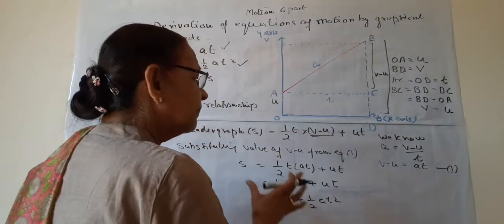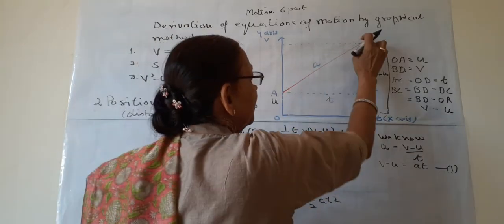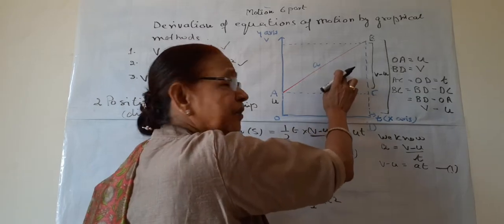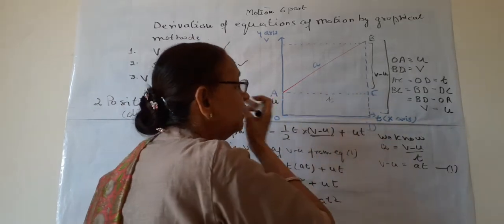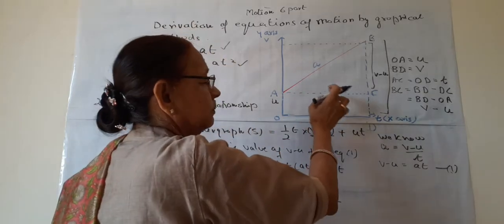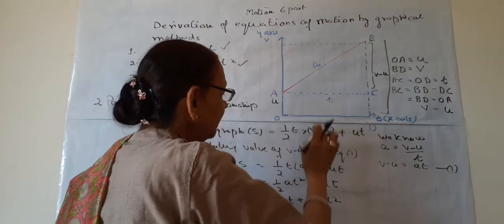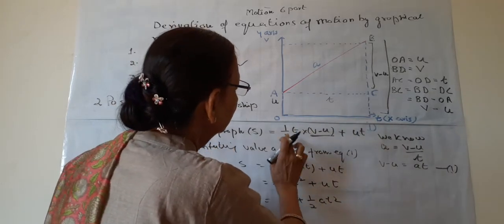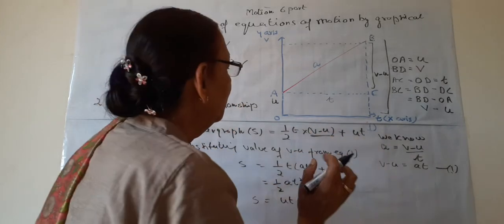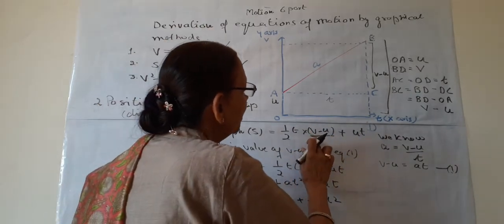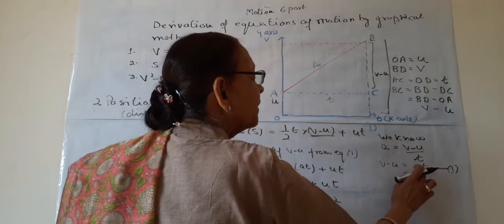Is it clear? Nothing is different from the first one. First we calculate the area of this triangle, then the area of this rectangle. Both we know from the formulas half base into height and length into breadth, and we get this equation, half T (V minus U) plus UT. The important thing is we have to change this V minus U to AT. How?